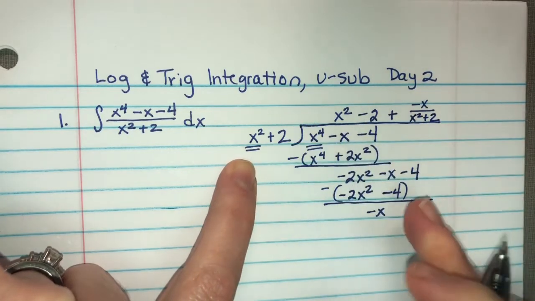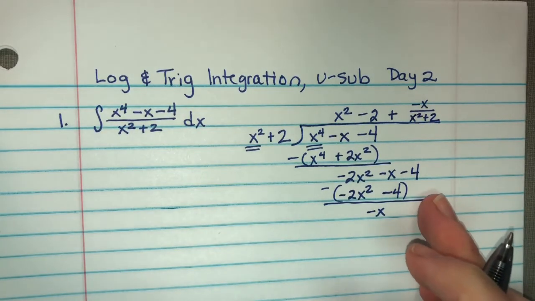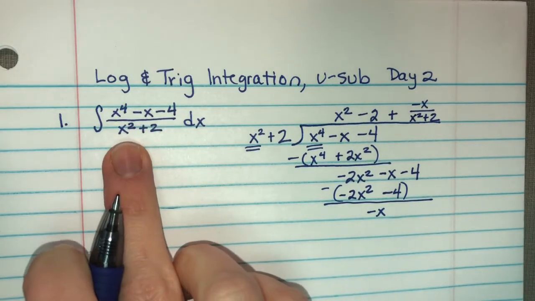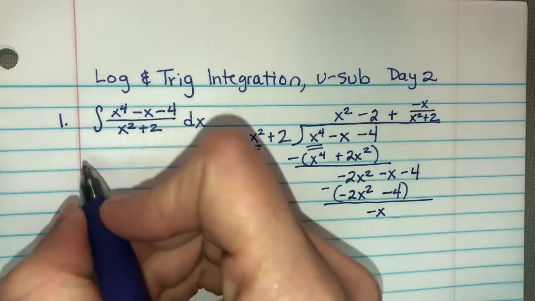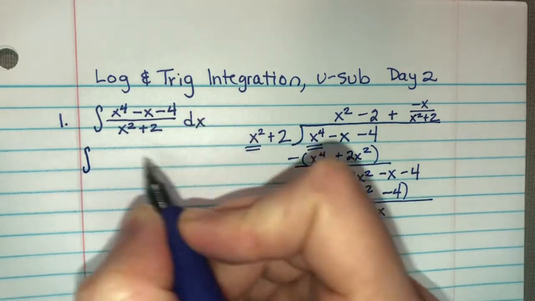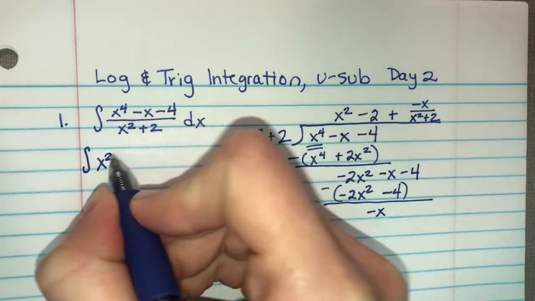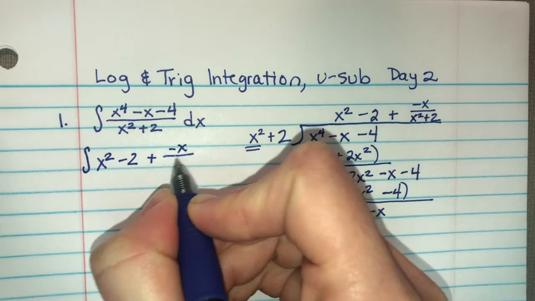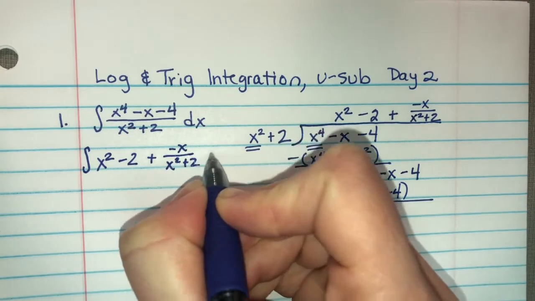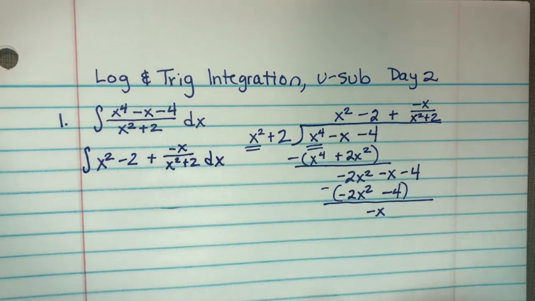So this is the final answer. This division problem is equivalent to the answer that we got here. So I'm going to rewrite my integral as the integral of x^2 - 2 plus negative x over x^2 + 2 dx. Okay?